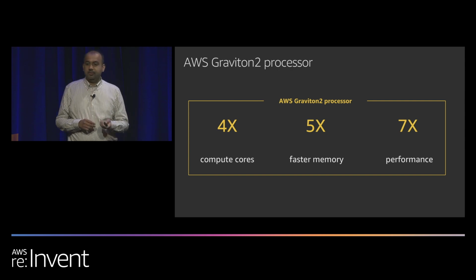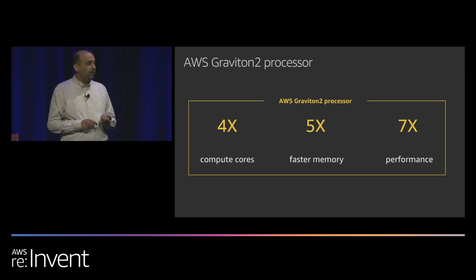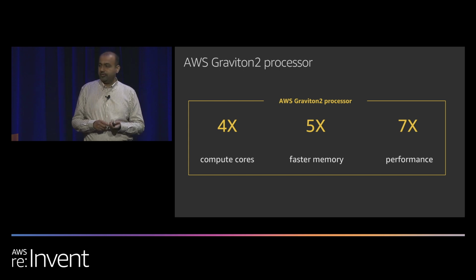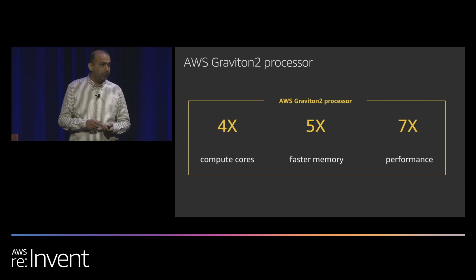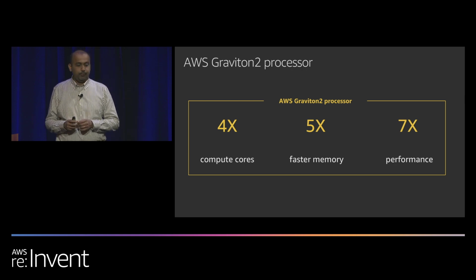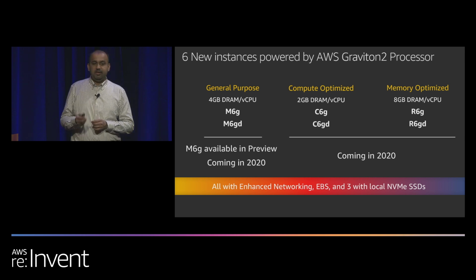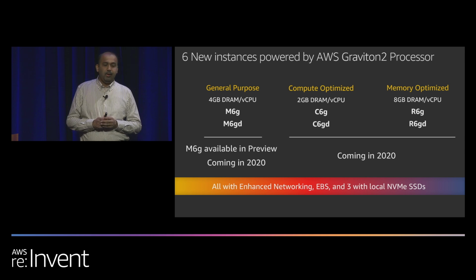The Graviton 2 processor is a significant leap in terms of both performance and capabilities over the first generation. Compared to the first-gen Graviton processor, the Graviton 2 CPUs offer 4x the number of compute cores and 5x faster memory, and that results in a net 7x performance improvement over the first-generation CPU. We've also announced 6 new instance types that are going to be powered by the Graviton 2 CPUs.